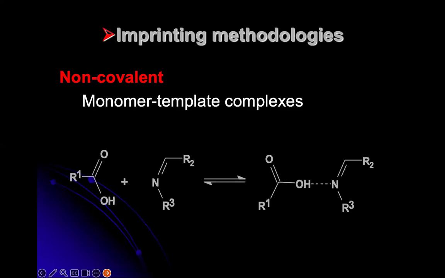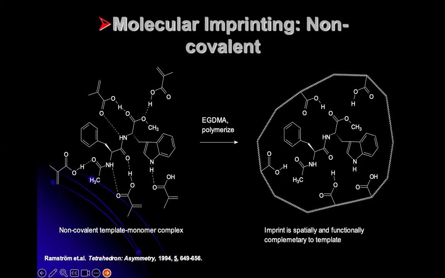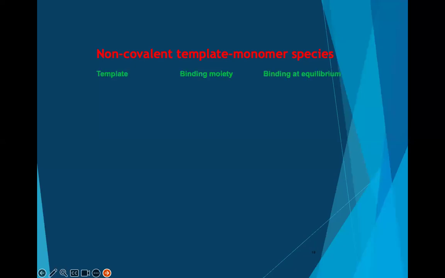These are also more examples of non-covalent interaction. These are examples of the types of template that you can use for non-covalent. You can see the covalent just now is more on organic compounds.